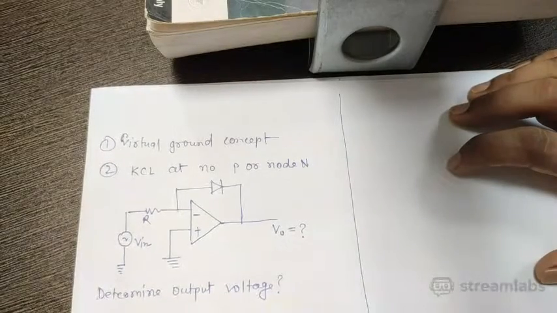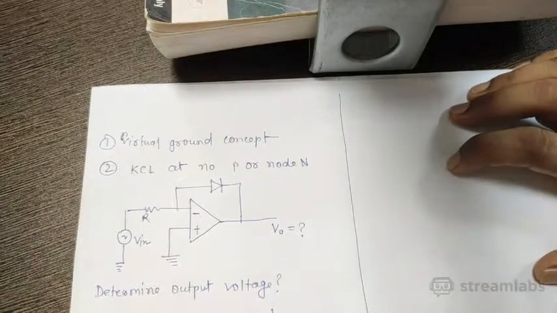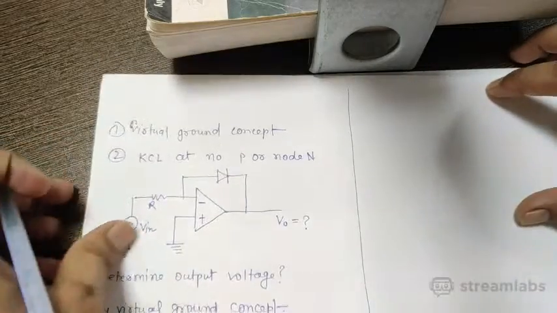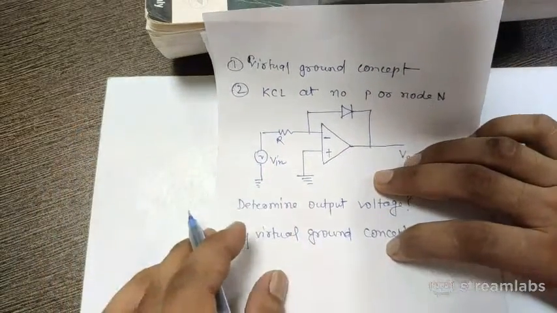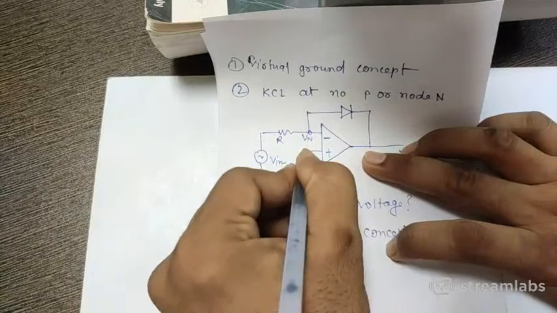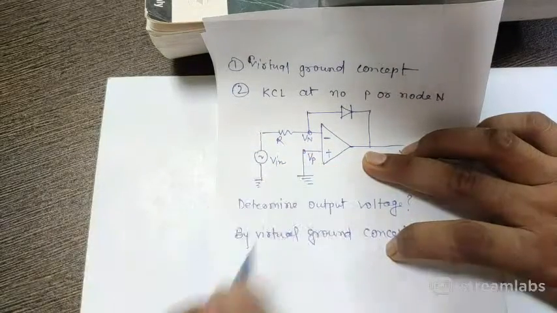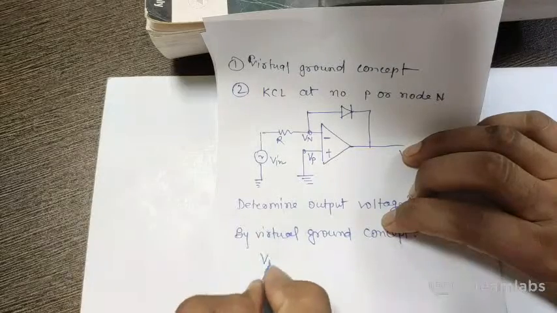By the virtual ground concept, what we say is that the voltage at this node Vn will be equal to the voltage at this node Vp, equation number 1.